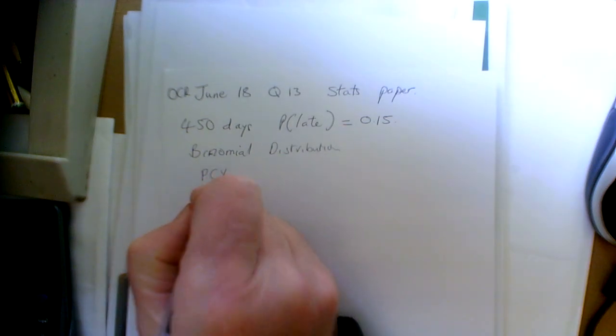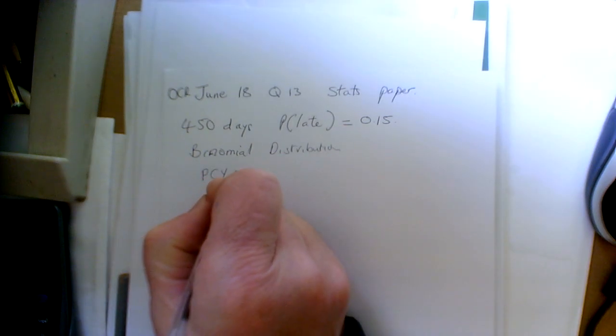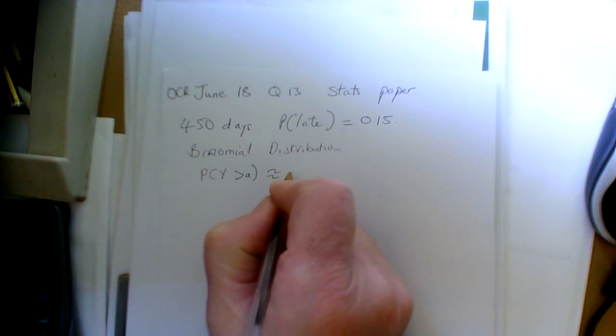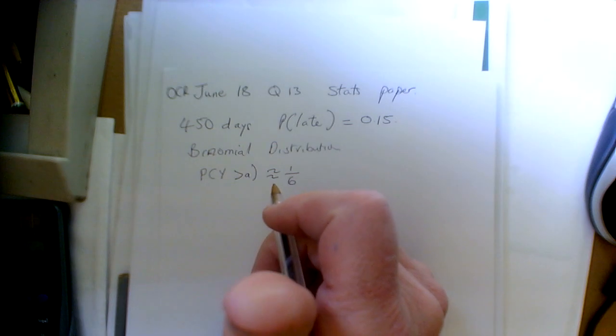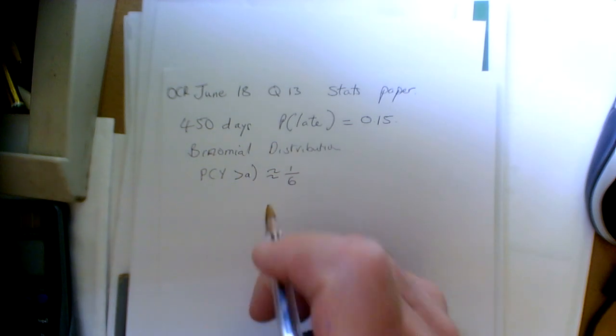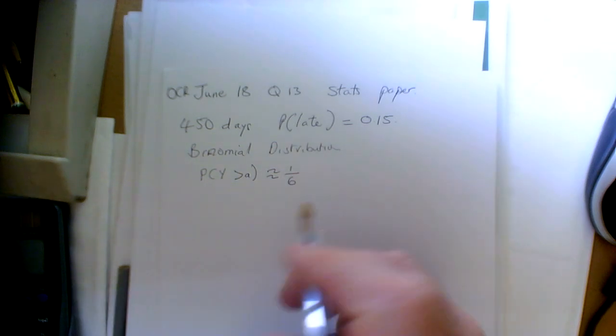Okay. However, the question then goes on to say, work out the probability that y is greater than a, where a is approximately 1/16. Now, it's a typical OCR question in as much as there aren't many words. Okay.